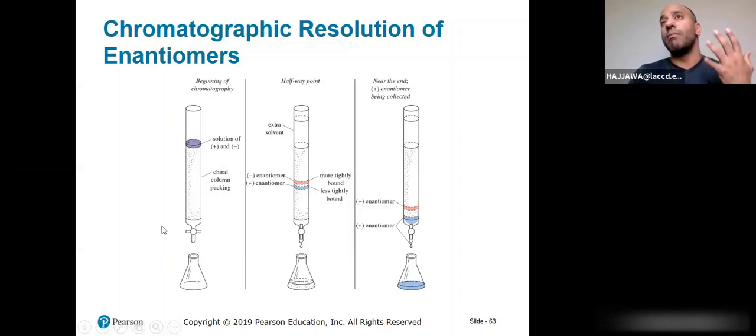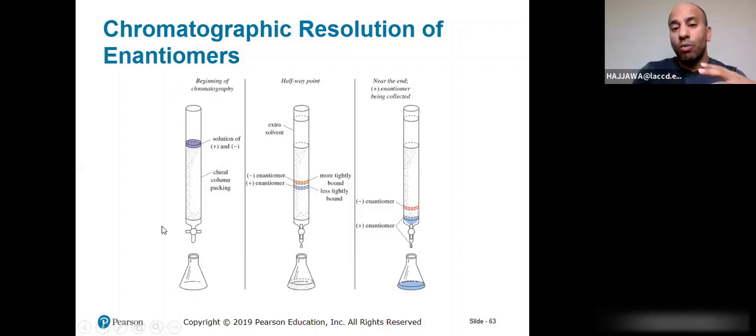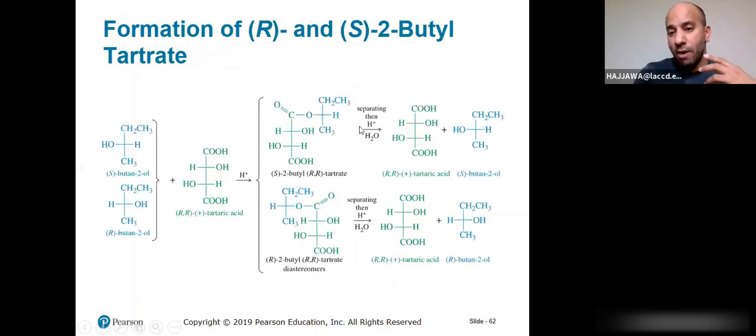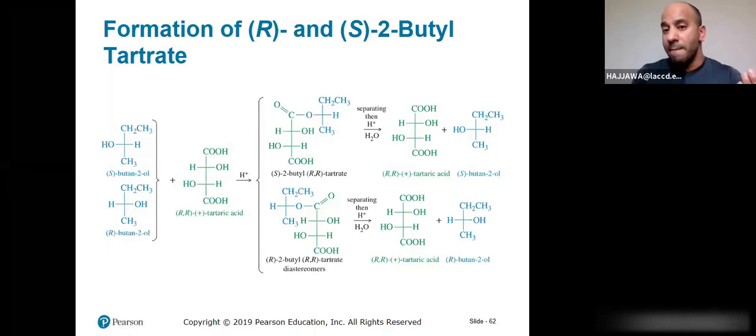This is a medium where, once I run the two structures, I have the ease of separating those two based on their different physical properties. And then once I separate the two, I run some reaction to recover the chiral compound that I was using to separate the two enantiomers. And that's how this method is done.